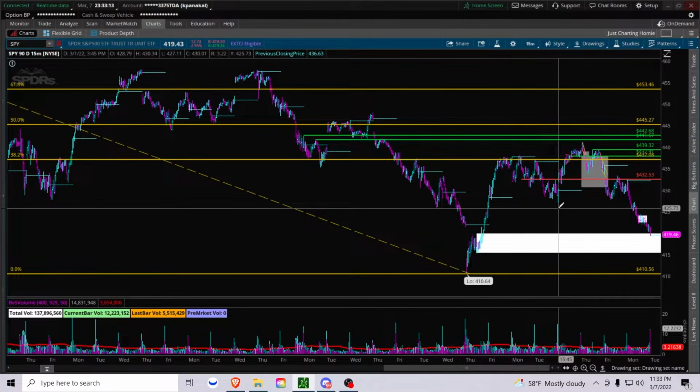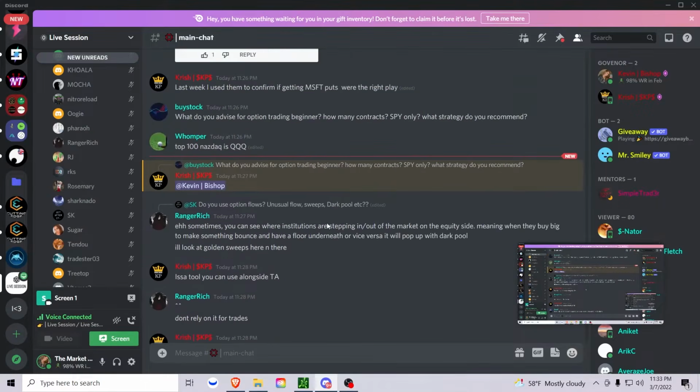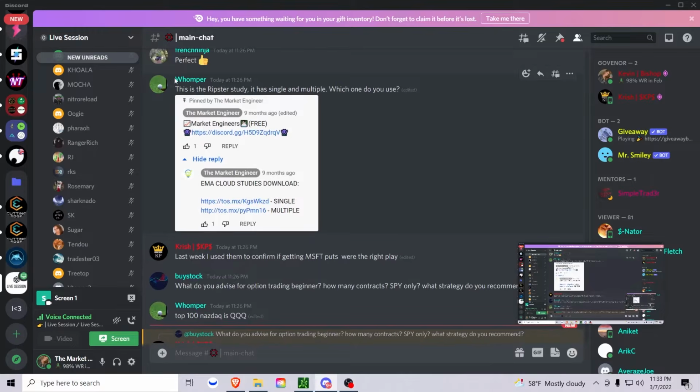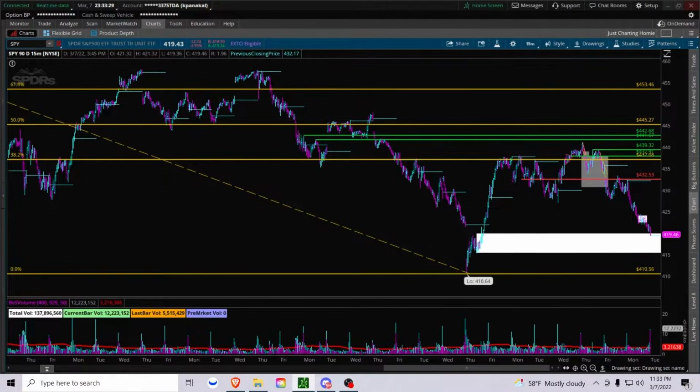I'm not saying indicators are bad to use, like what Simple Trader said yesterday, using the Ripster wave, Ripster tide, Ripster study. That will make you profitable, of course, but I personally found AI not being my personal suit, because price action and volume are the only leading indicators in the market, meaning all other indicators are lagged.